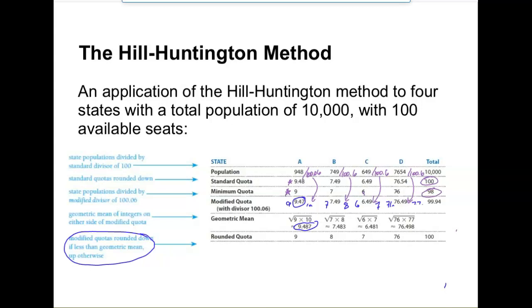If it's greater, it gets rounded up. 9.47 is less than 9.48, so I round down. 7.49 is greater than 7.48, so I round up. 6.49 is greater than 6.48, so I round up. And then 76.49 is less than 76.498, so I round down.